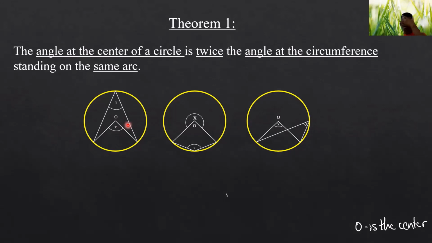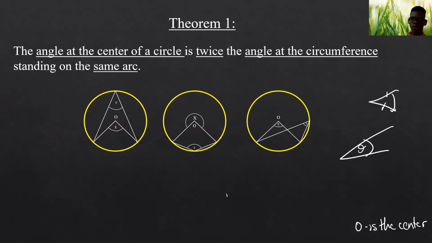Now, what this theorem is telling us is that any angle at the center of the circle, and to identify that an angle is at the center, the 2 lines, we're going to call them the angle lines. Every angle has 2 lines, right? That's how angles are created. 2 lines connect to create an angle.